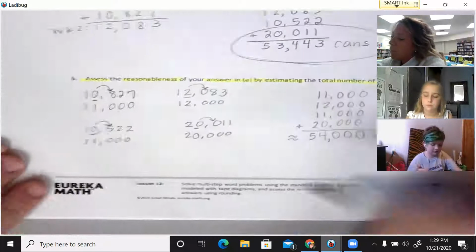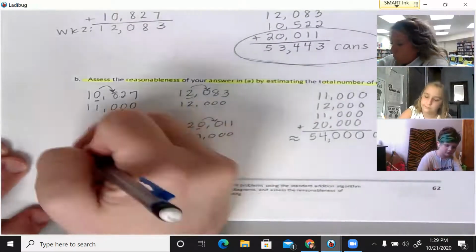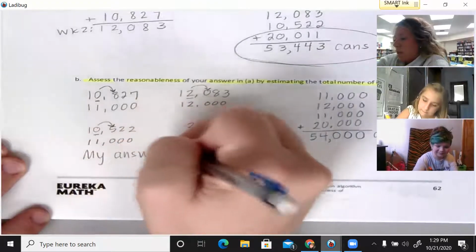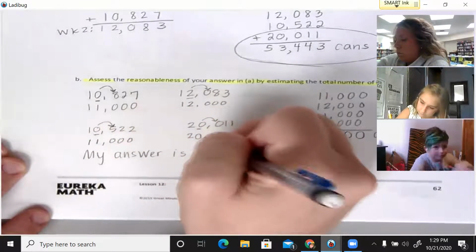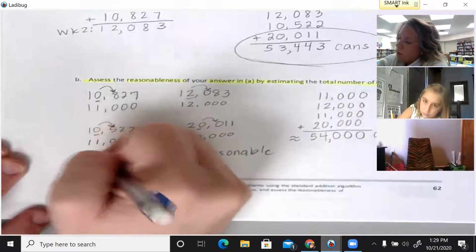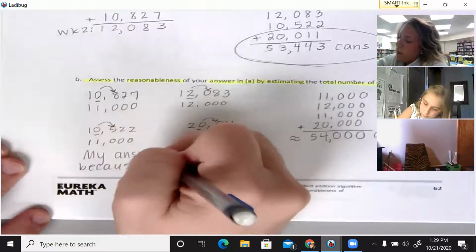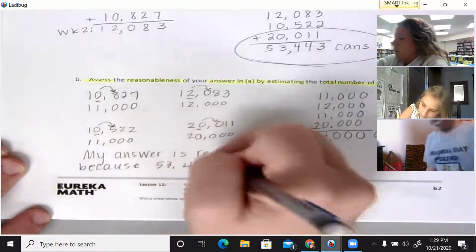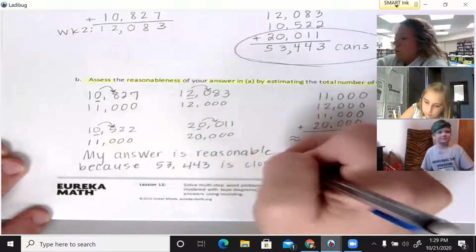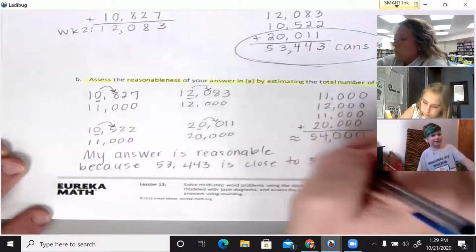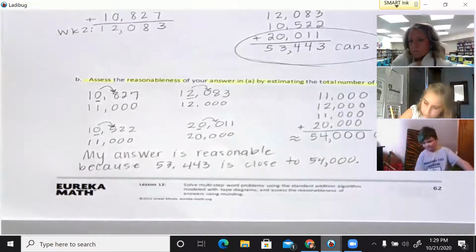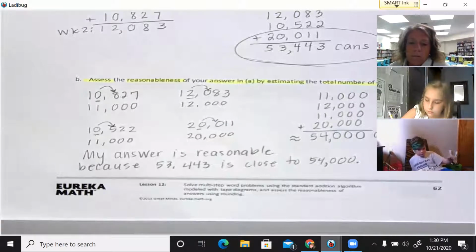So we're going to write my answer is reasonable because 53,443 is close to 54,000. Very close.